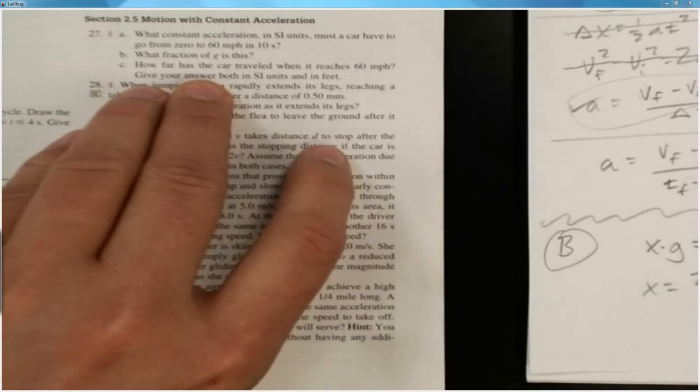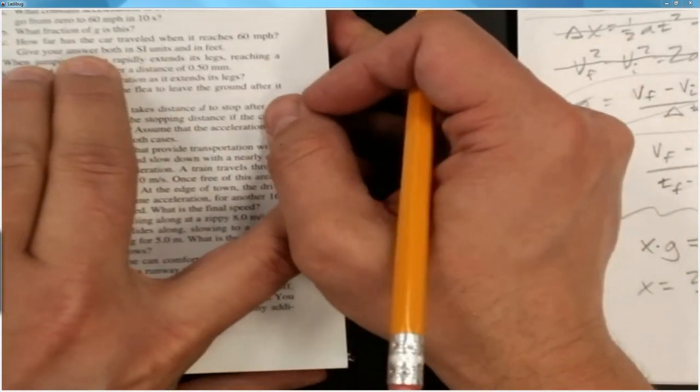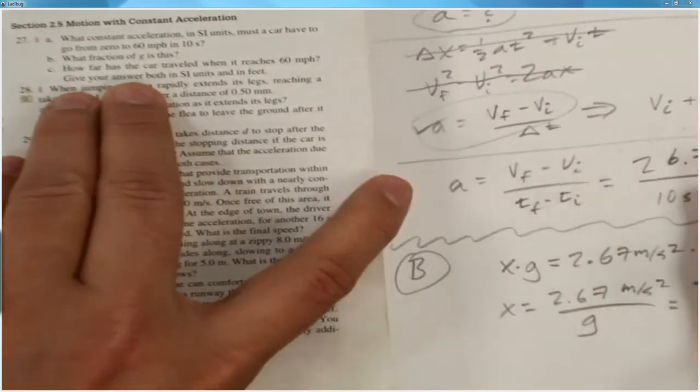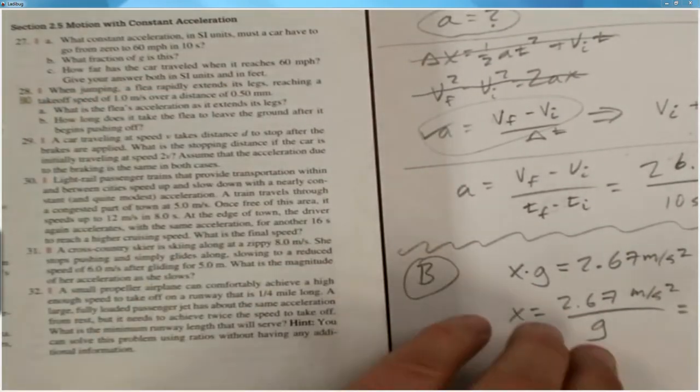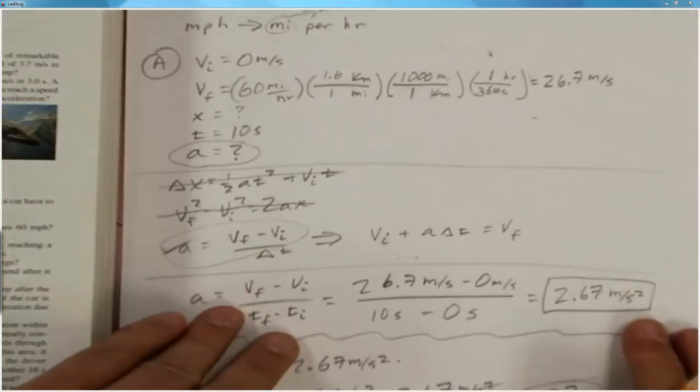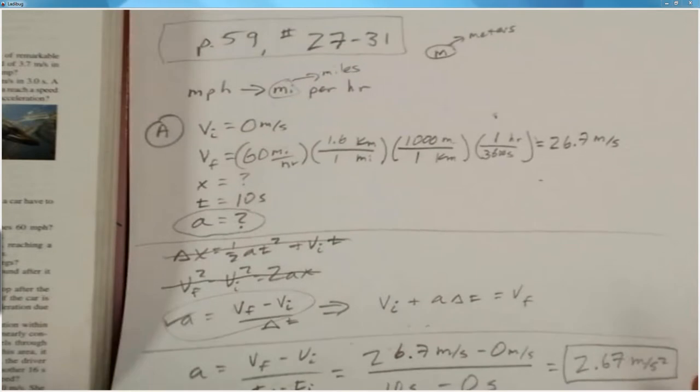That's part C. Part C is, how far has the car traveled when it reaches 60 miles per hour? Give your answer both in SI units and in feet. All right. I'm going to shift my page up just a little bit here.